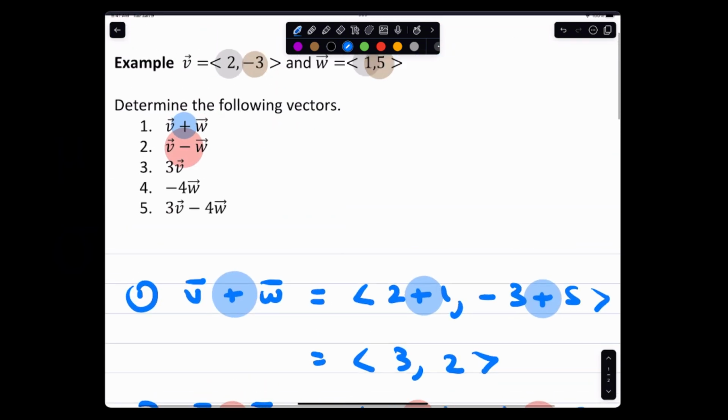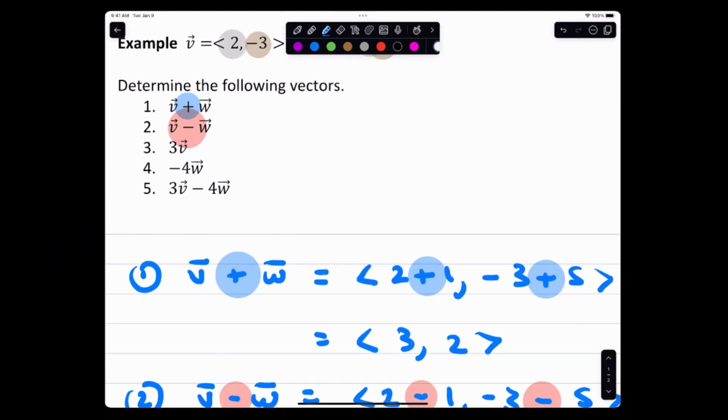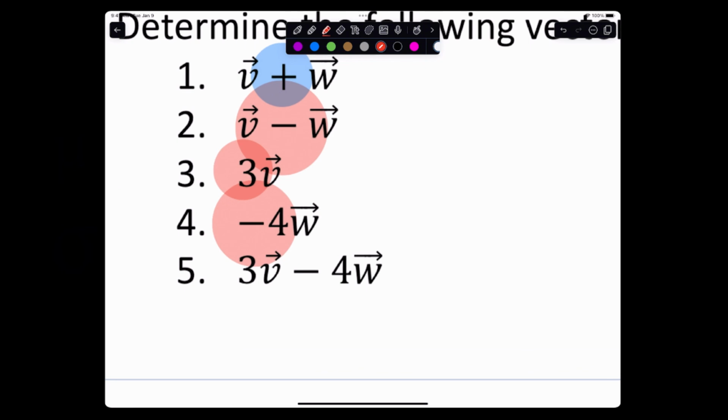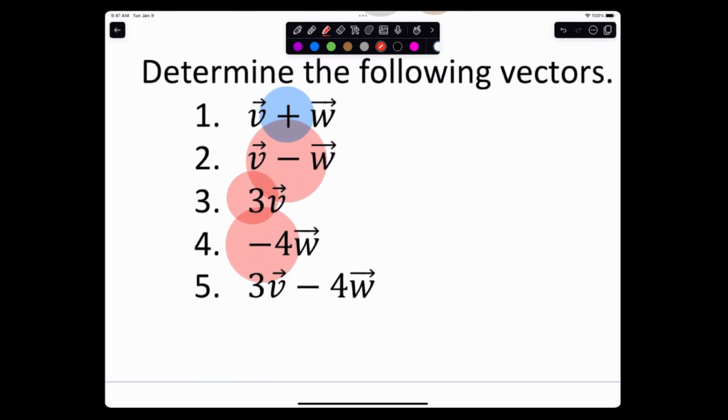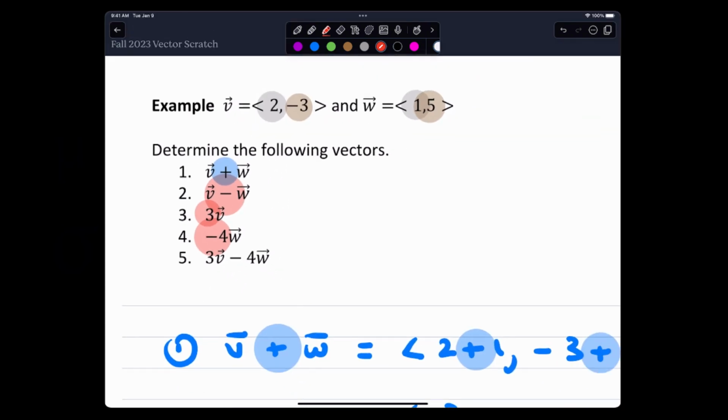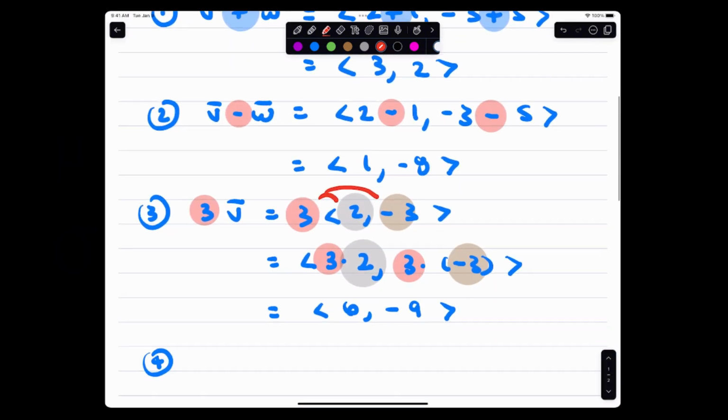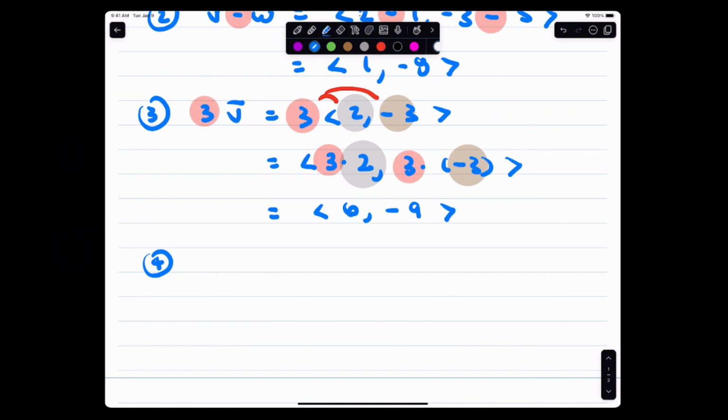What does number 4 say? You're going to take the scalar of a -4, but you're going to multiply it with what vector now? Vector w. Okay? So I write this down as -4 times vector w, scalar multiplication. I need to know what vector w actually is, though.